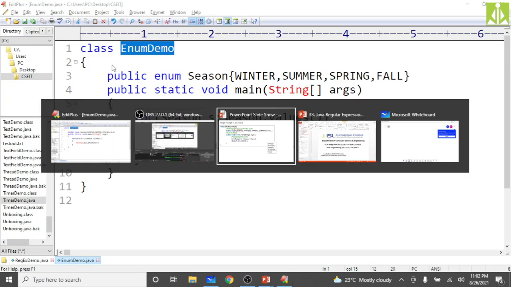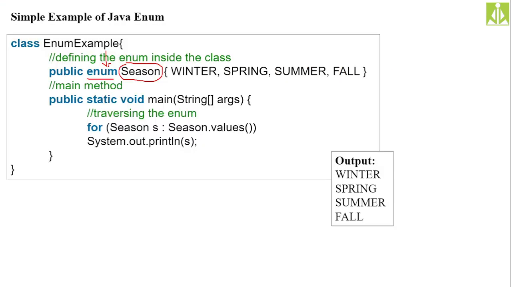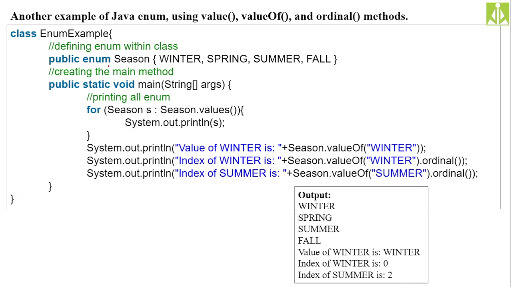Okay, this we practiced. Next thing, we can use the valueOf and ordinal methods. We said every enumerated field will hold some constant value, so in order to access that value, we can use these methods.